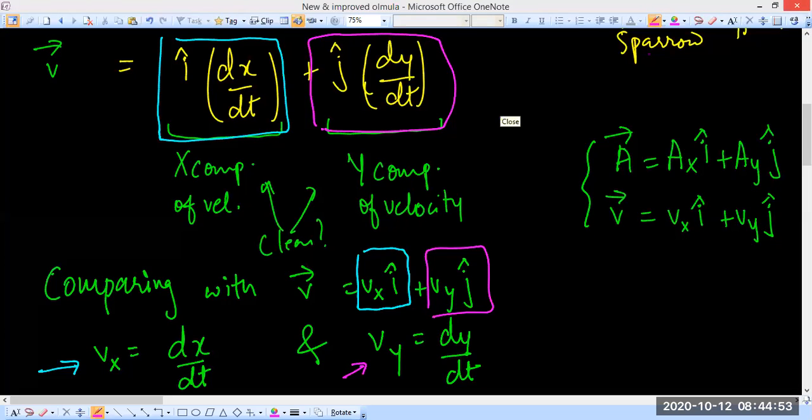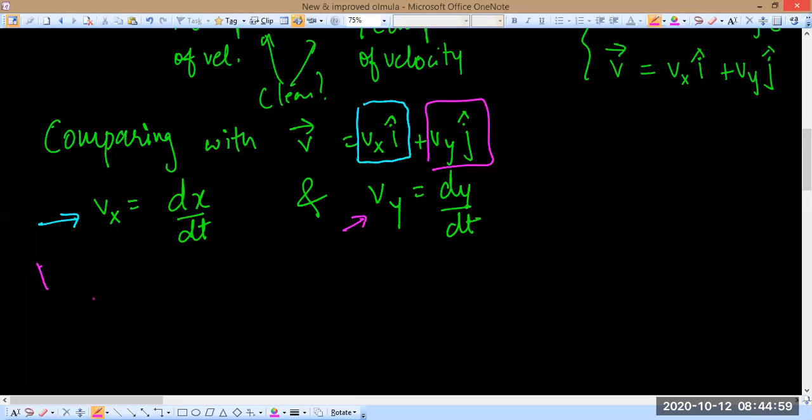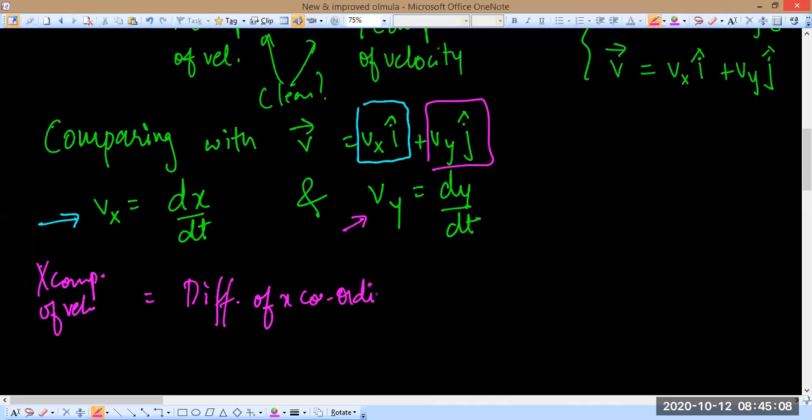Okay, now this, what have we got here? This is interesting. We have got that the x component of velocity can be found by doing differentiation of x coordinate, and we can say that we can get y component of velocity by doing differentiation of y coordinate.